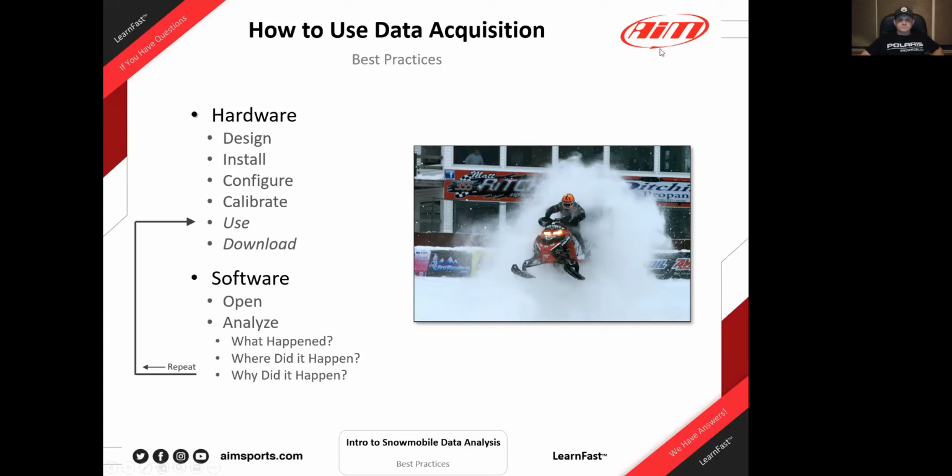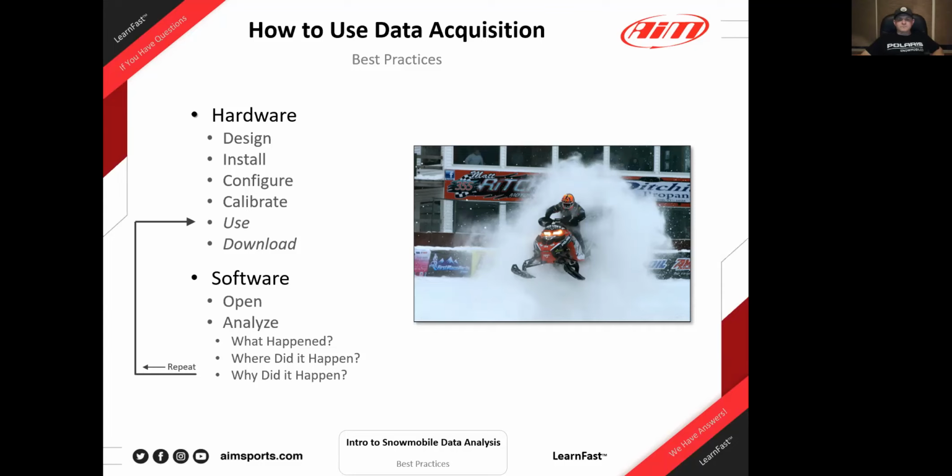So think about it in this way. There's a hardware side and a software side. I look at the hardware side as you need to design that first, and I'm not talking about the screens and the resistors and that kind of thing, but design what you want on your snowmobile. What's important to you? What are you getting out of the ECU connection? And is there any other data that you might want?